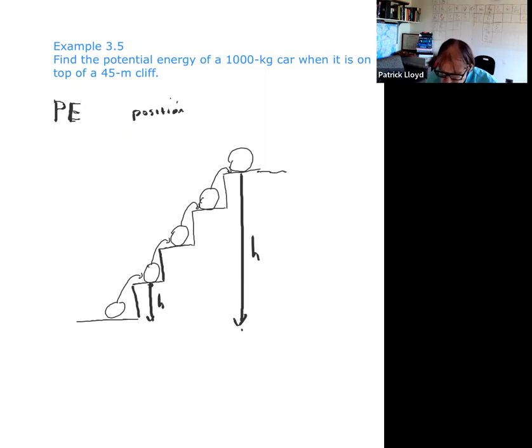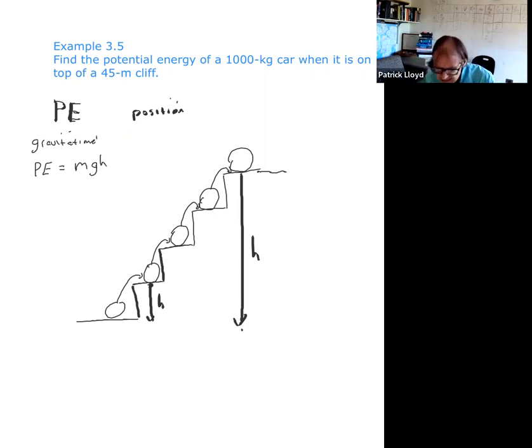Potential energy is the energy based on position. And again, there are different types of potential energy, but one of the most common ones is gravitational. And it turns out the formula for that, you've already seen it. It's the same formula, really, that we use for work of moving an object against gravity.